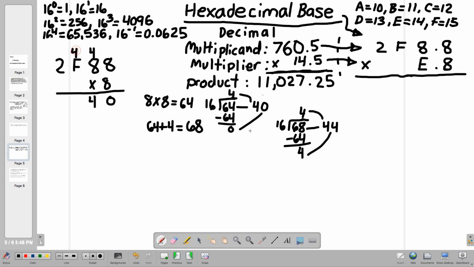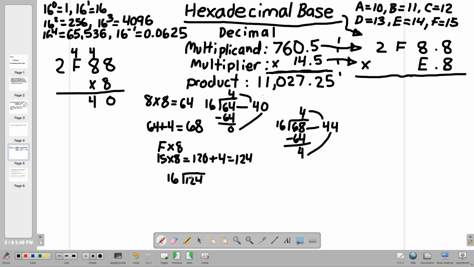So our next computation, we have F times 8. In decimal, that's 15 times 8. And it's going to equal 120. And we have a 4 at the top, so we have to add that. And that comes out to be the value 124. But we have to convert that into hexadecimal. And so we divide by 16.